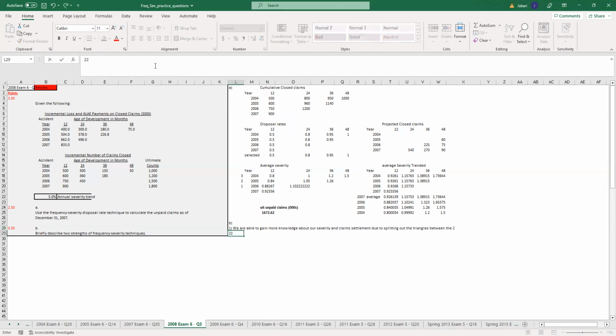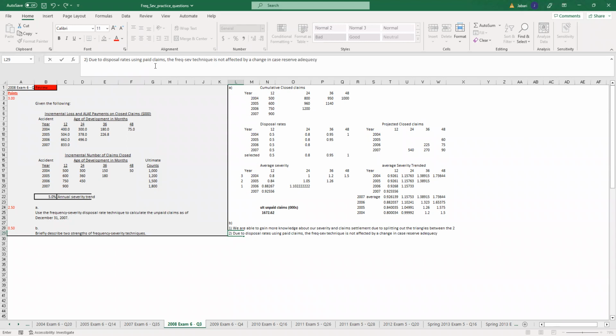And then the second one I think is a little more valuable is the fact that due to disposal rates, using paid claims, the frequency severity technique is not affected by a change in case reserve adequacy.